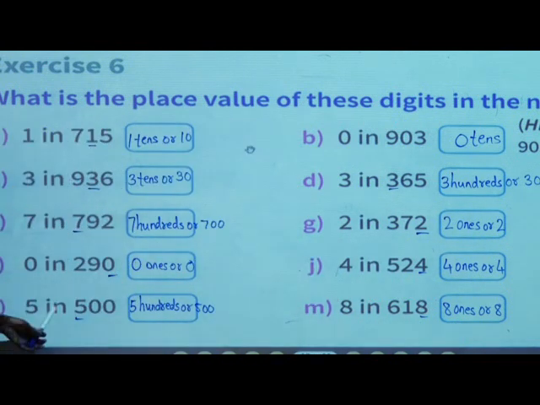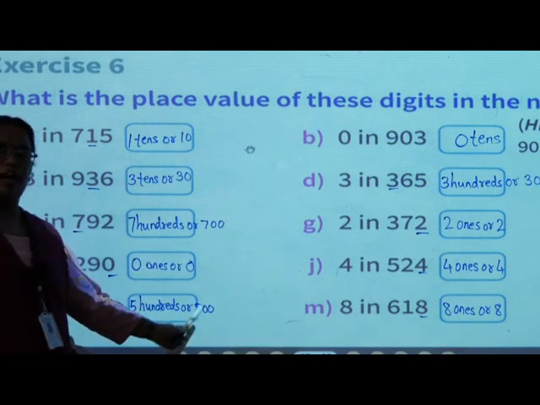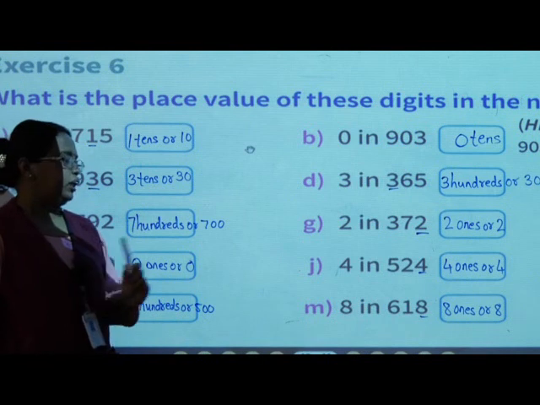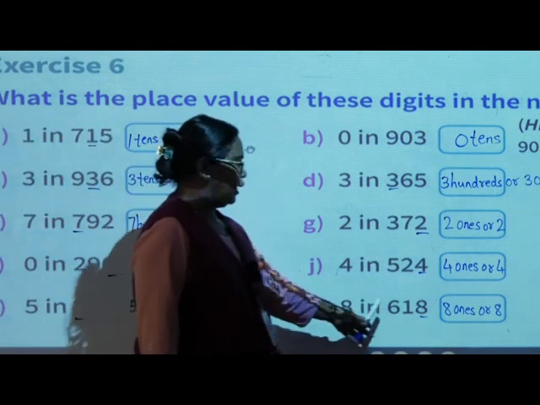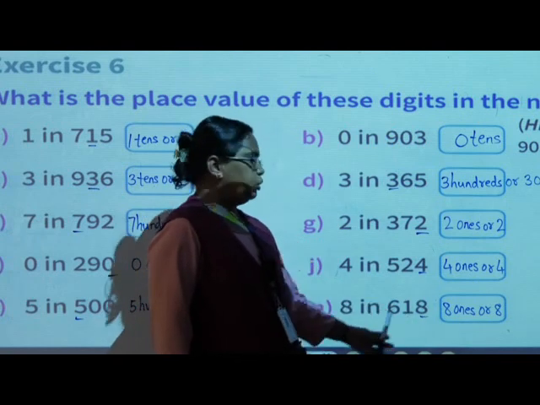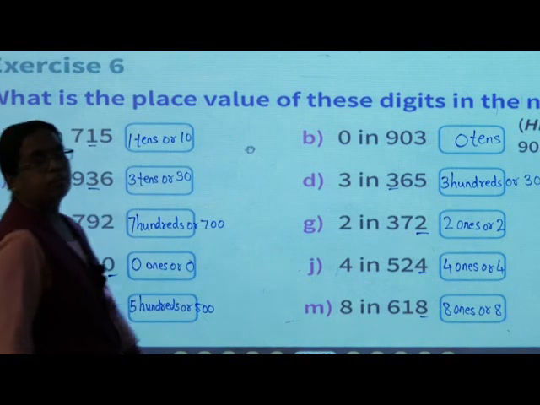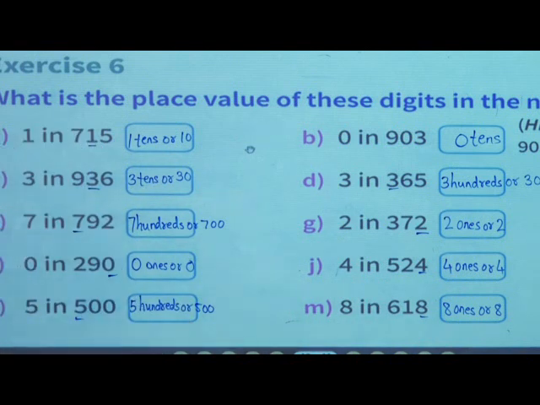Now 5 in 500 is 500s or 500. Then 8 is in which column? Ones column. So 8 ones or 8. Write down this.